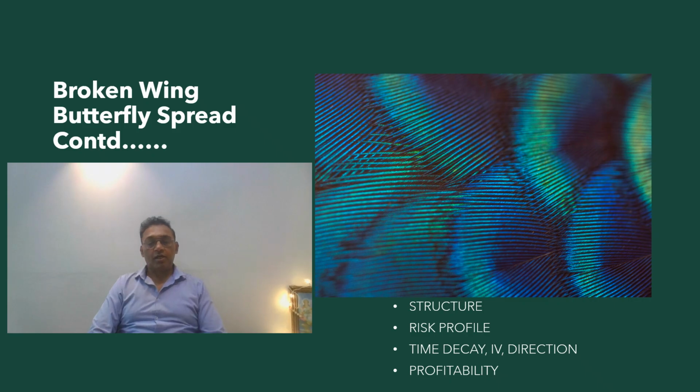Thus, it's a very good strategy for moderate to slightly more volatile markets, but we need to be very certain about the selection of strike prices, which must be in line with our demand and supply zones as per the intended trade, and the implied volatility has to be monitored while remaining in the trade.